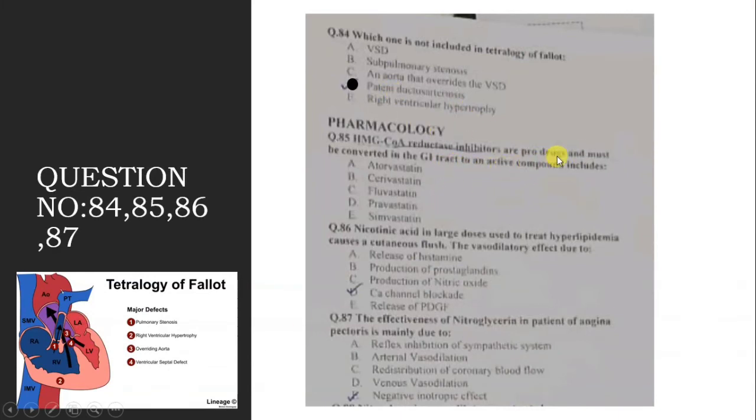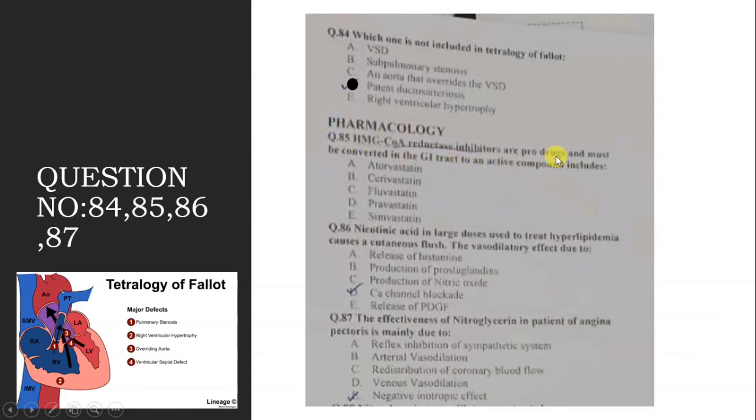Now, HMG-CoA reductase inhibitors are prodrugs and must be converted in the GI tract to an active compound. These include atorvastatin, lovastatin, fluvastatin, pravastatin, simvastatin. So the inhibitors of HMG-CoA reductase, which is the key regulatory enzyme in the biosynthesis of cholesterol, are lipid lowering drugs.